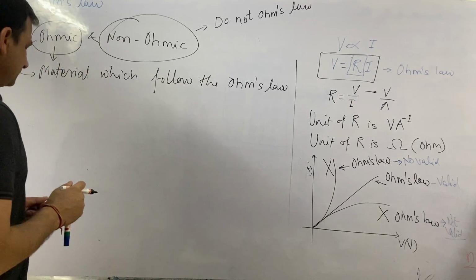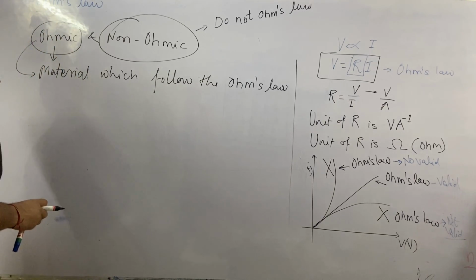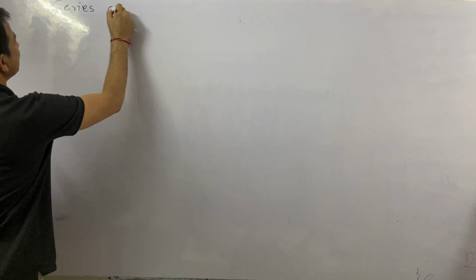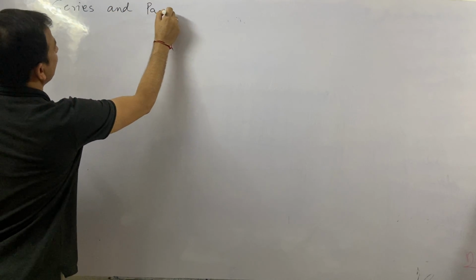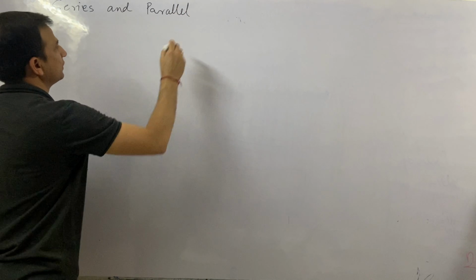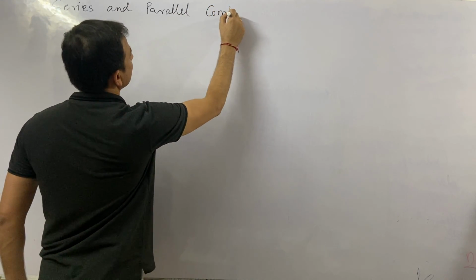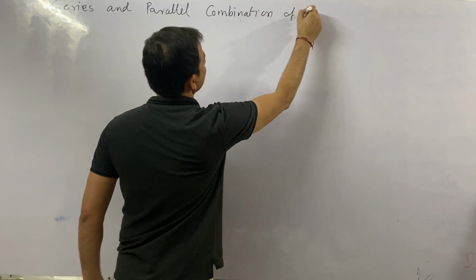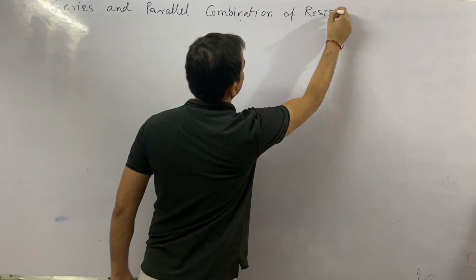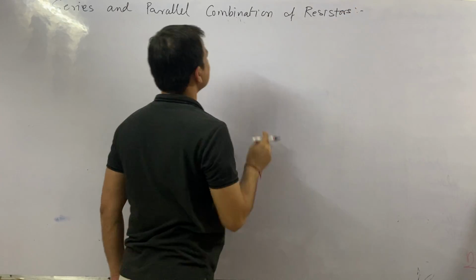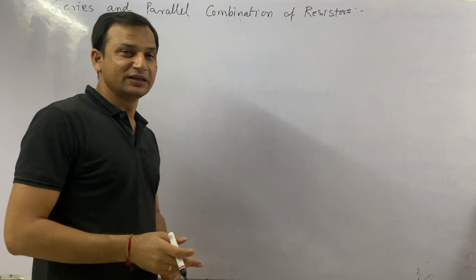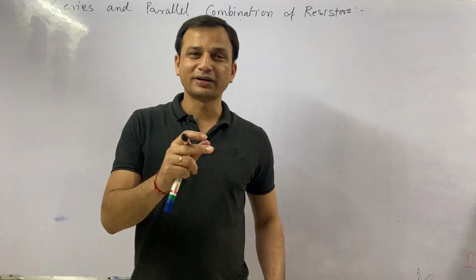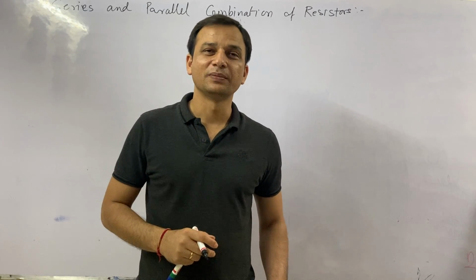Now after this, let's discuss the series and parallel combination of resistors. Actually, this series and parallel combination could be for resistors, capacitors, or cells as well.